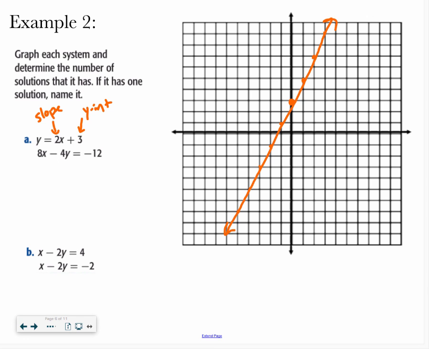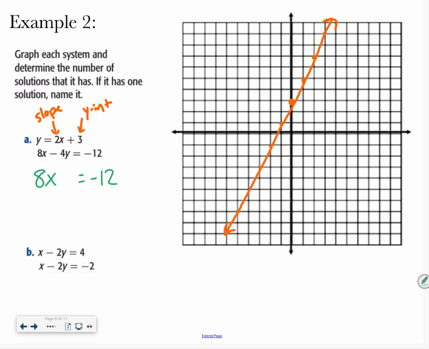Okay? And then the next thing that I can do is I can either graph this next one just like it is, or I can solve it for y and graph it like I graphed the first one. I'm going to graph it by, I don't know if you guys remember, where we would cover up one of the variables.